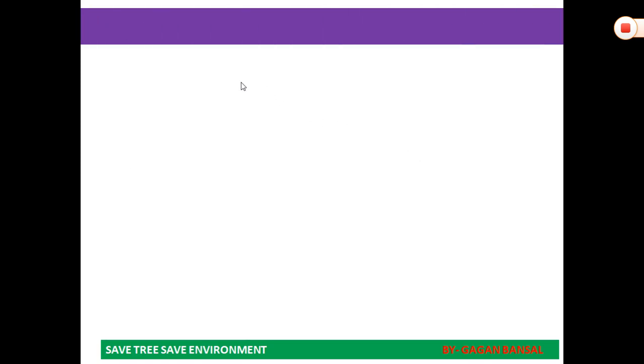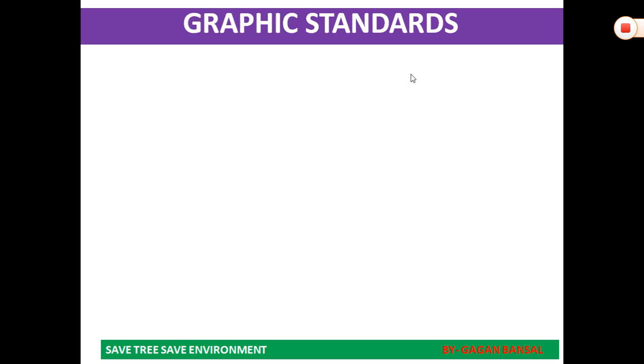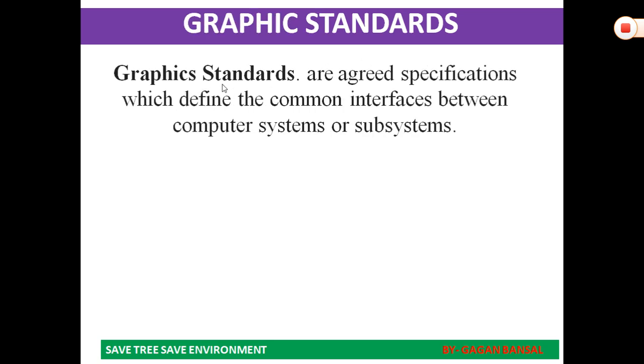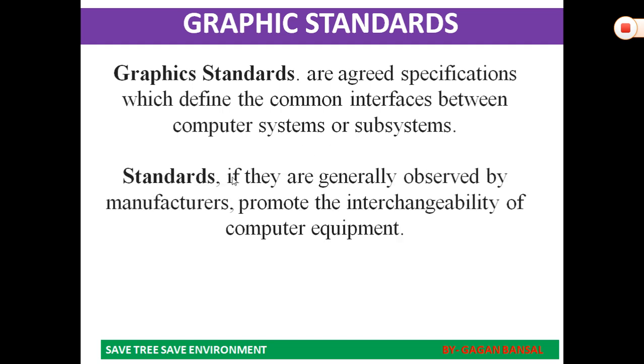Now we will come directly to graphic standards. What are graphic standards? Graphic standards are agreed specifications which define the common interfaces between computer systems or subsystems. Standards, if they are generally observed by manufacturers, promote the interchangeability of computer equipment.